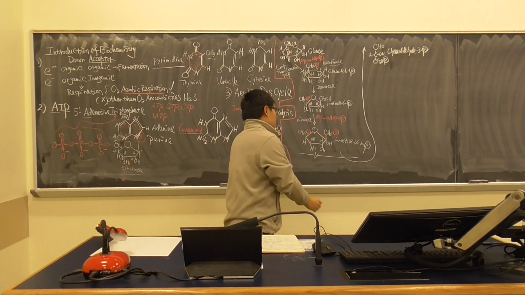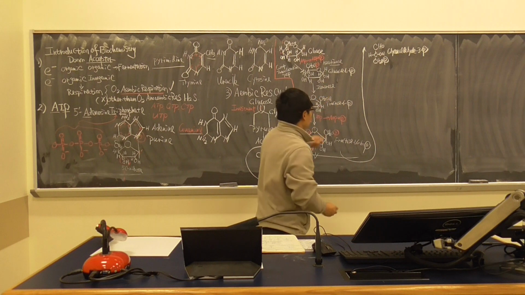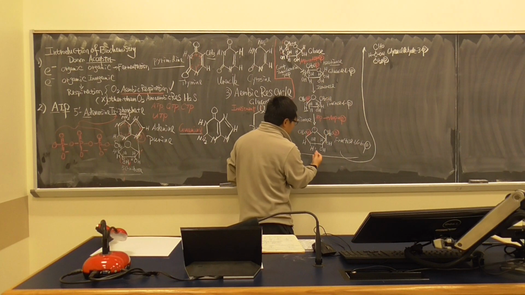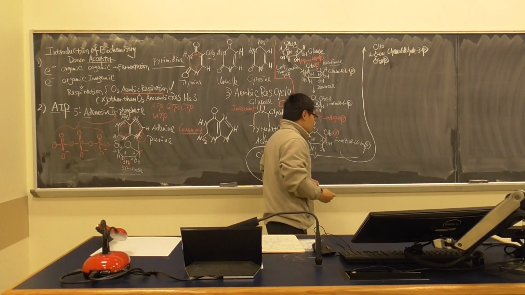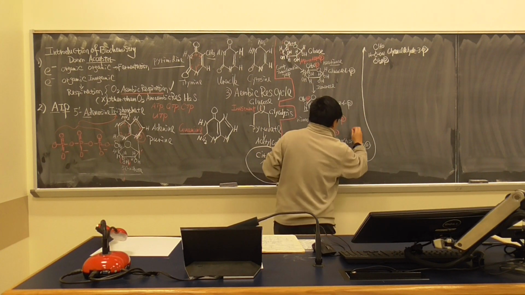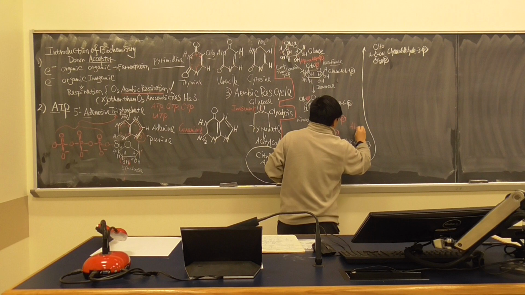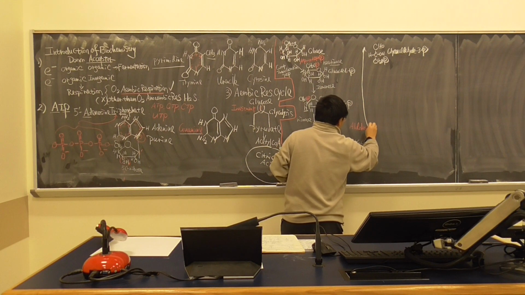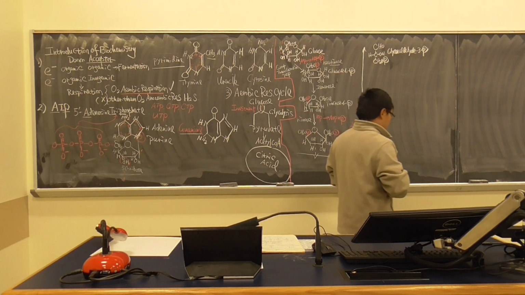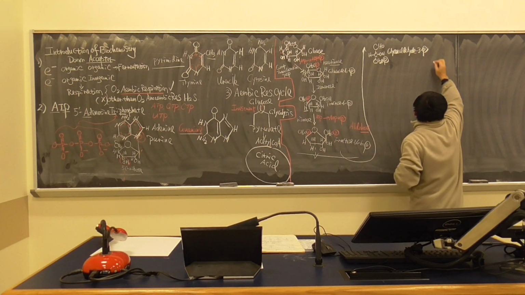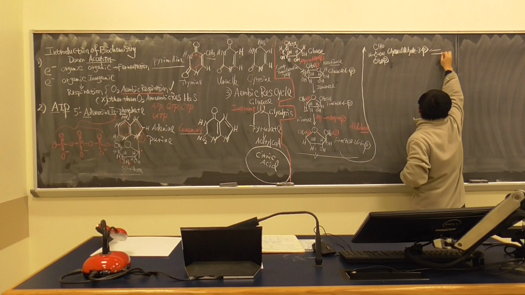Glyceraldehyde 3-phosphate. What is the enzyme for this one? This is a 6-carbon sugar, and that is a 3-carbon sugar. 3-carbon sugar, we call it aldose. So that's called aldolase. That is the enzyme for that. Glyceraldehyde 3-phosphate also exists in a transition step.